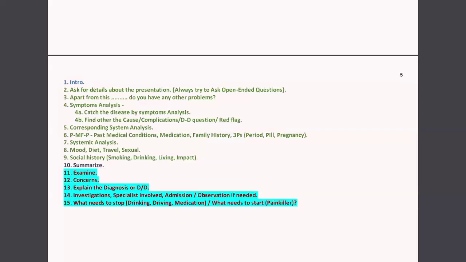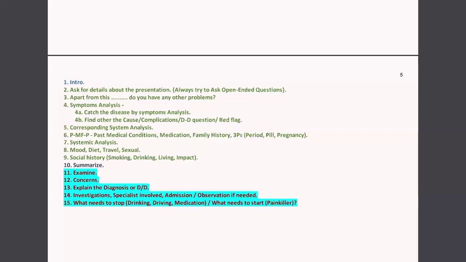Is it the first time you've been experiencing this problem? For the onset, did it appear suddenly or gradually? For course, is it gradually worsening or improving? What do you think about the progression of your symptoms?